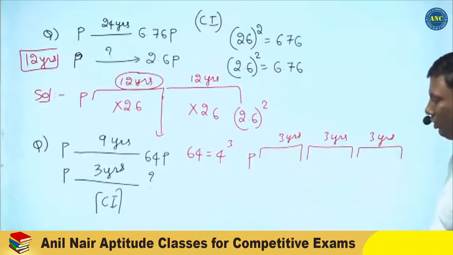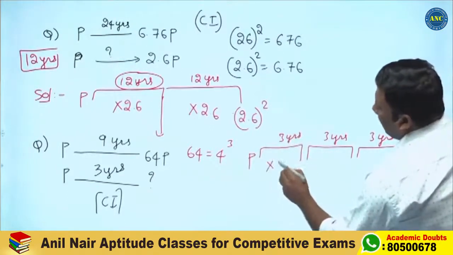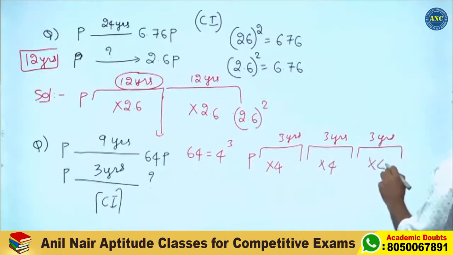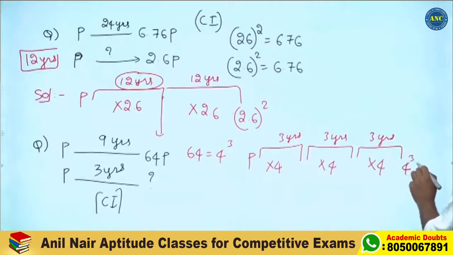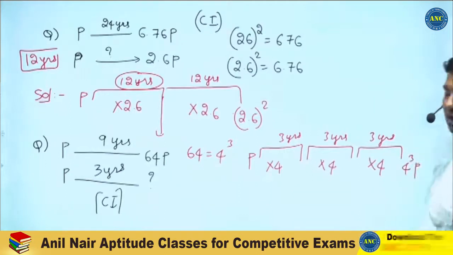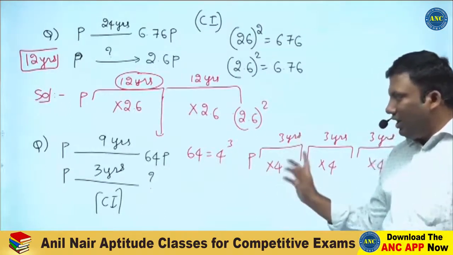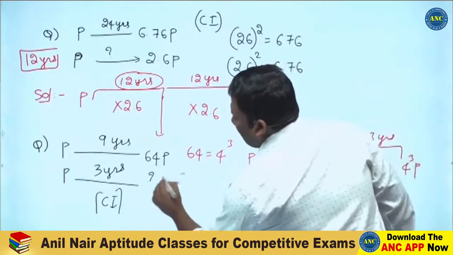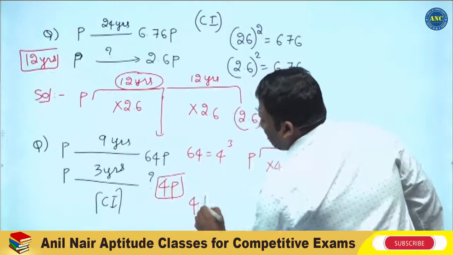It is 4 cube, so every time the multiplication factor is into 4, into 4, into 4. That is why I got 4 cube P here. So after 3 years, the certain sum will become 4 times. The answer is 4 times.